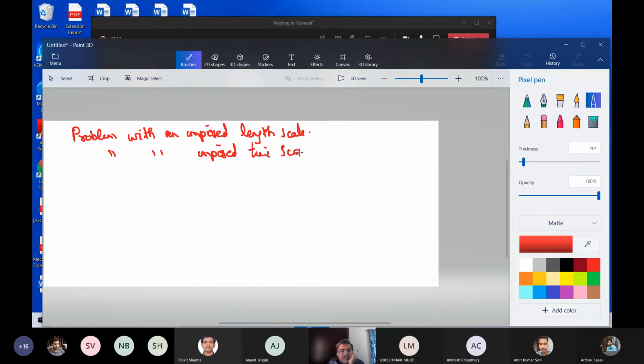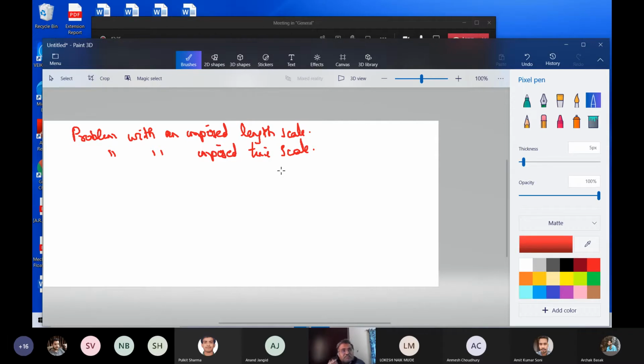What it means is that one of the major factors in the laboratory where you are doing the experiment is that the laboratory's time scale is somehow fixed.